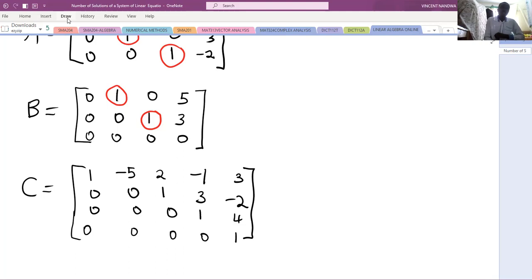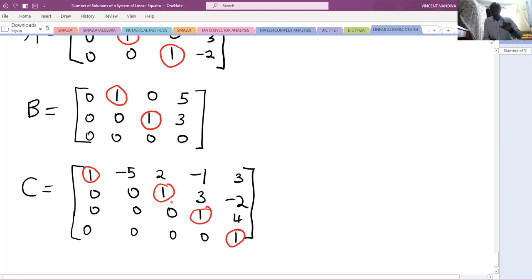So this matrix is also in row echelon form because you see the first non-zero element in each row is 1. And if you consider consecutive rows, then the 1 on the upper row is to the left.